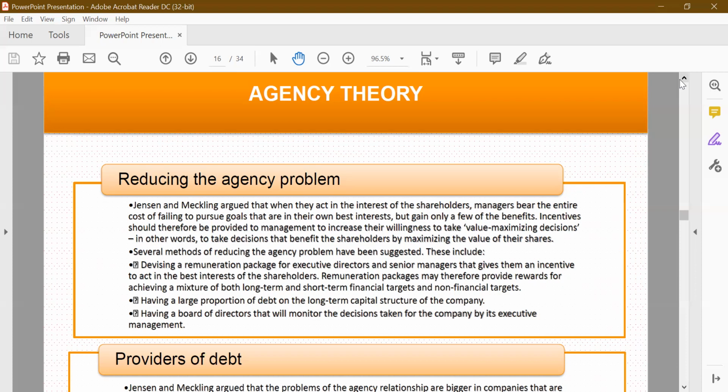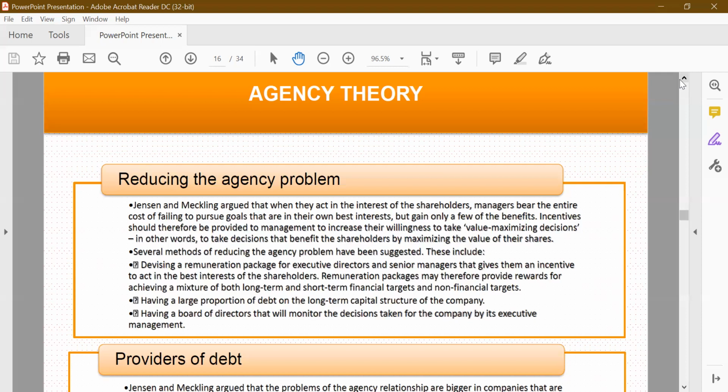Basically, what Jensen and Meckling are saying is that for managers to act in the best interest of shareholders, they have to be incentivized. That's very, very interesting. They have to be incentivized so that they can take value maximizing decisions.